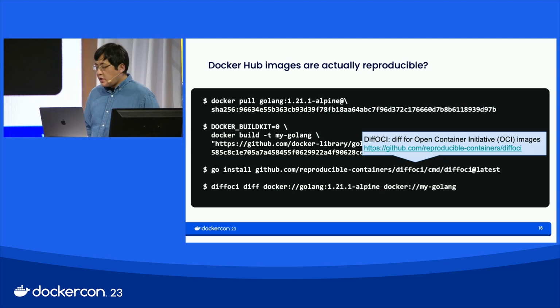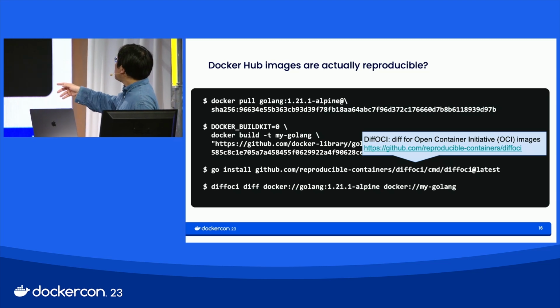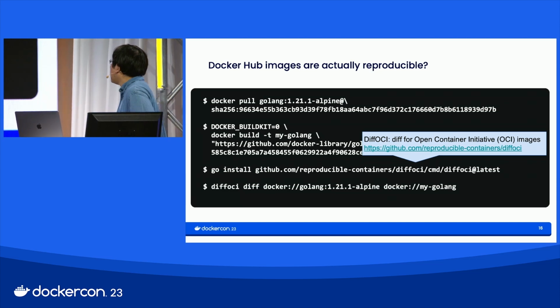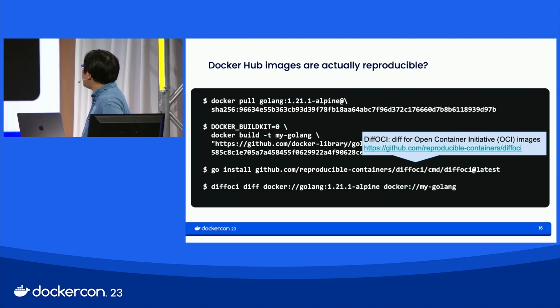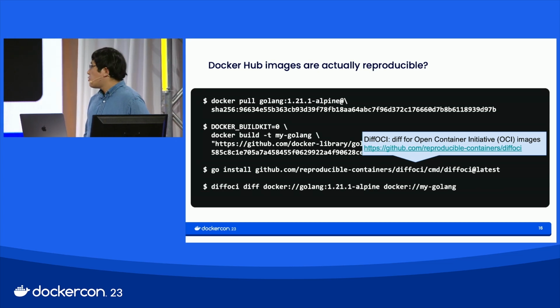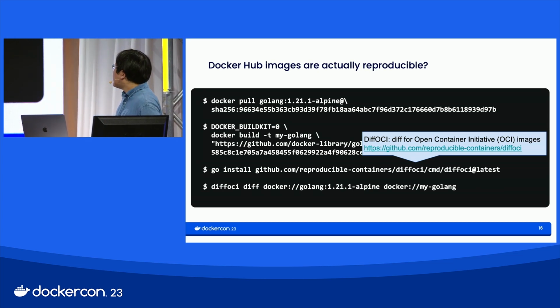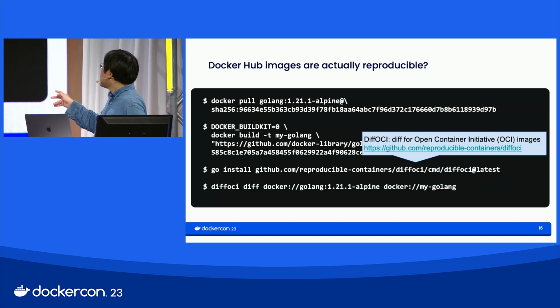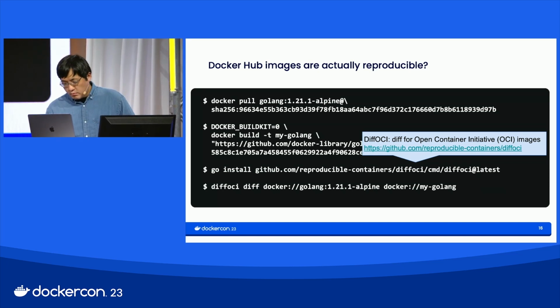And you can use go install with github.com/reproducible-containers/diffoci. diffoci is my tool to compare OCI images. OCI here means Open Container Initiative, as you know.